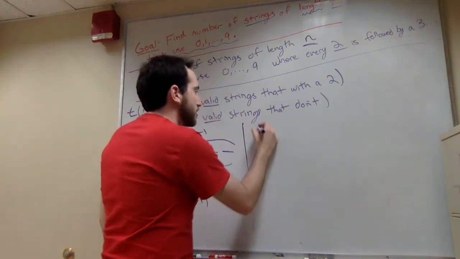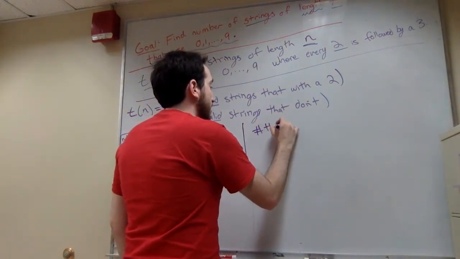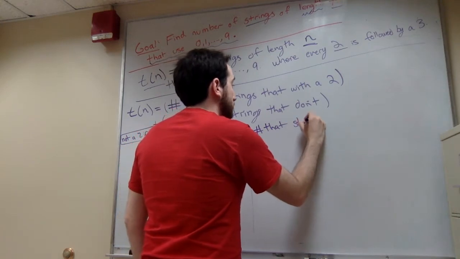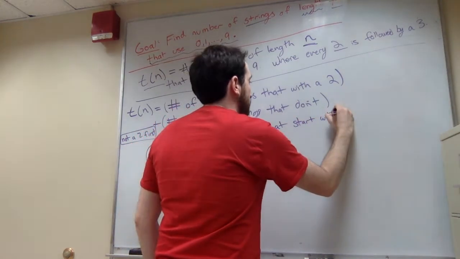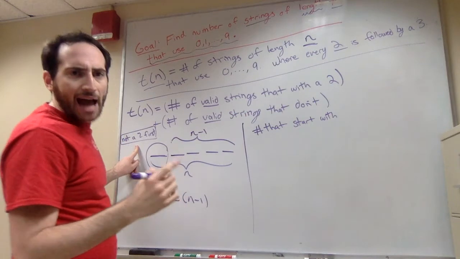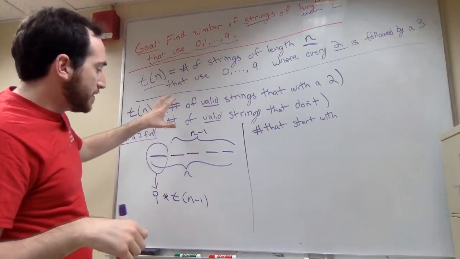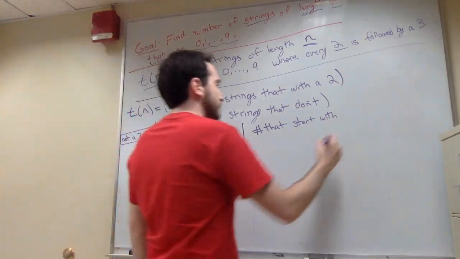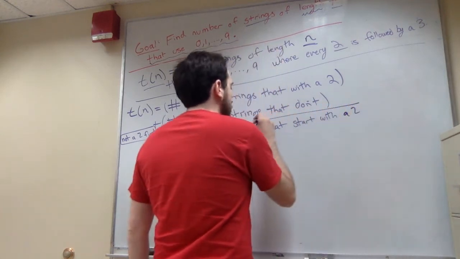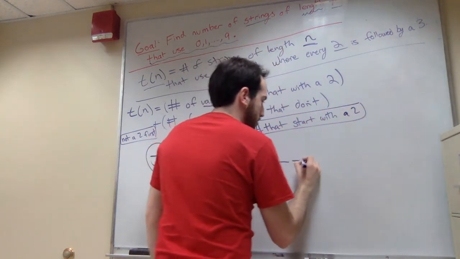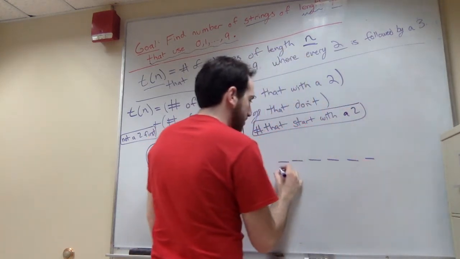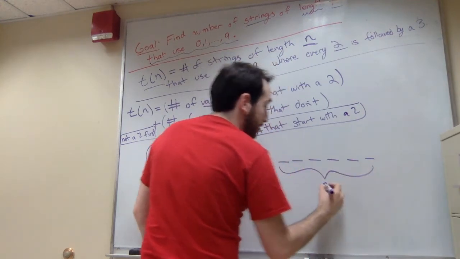Now, what about the number that start with a 2? I might have said that backwards just now. That was the number that don't start with a 2. So what about the number that do start with a 2? Again, this is length n.